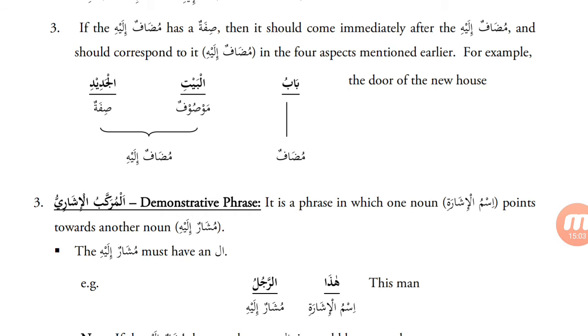Al-Bayt is ma'rifa, it is beginning with an alif lam, so is its sifa al-jadid. So Babu is the mudaf, Al-Bayt is mawsoof, and Al-Jadid is the sifa. The mawsoof and sifa will join together and become a murakkab tawsifi, a descriptive phrase, and also become mudaf ilay for the mudaf bab.